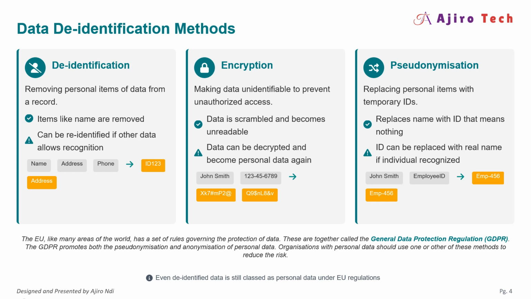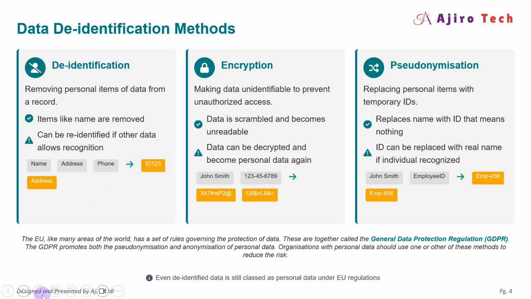So you remove personal items of data from certain records so they cannot be identified. Items like names are removed. So that's one way to de-identify a person. But if the person could still be recognized from the remaining data, it will be possible to re-identify the data and add the removed data.